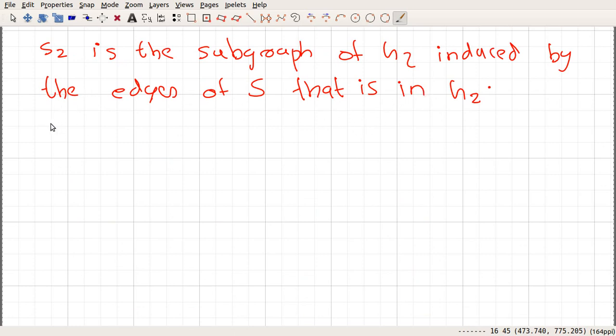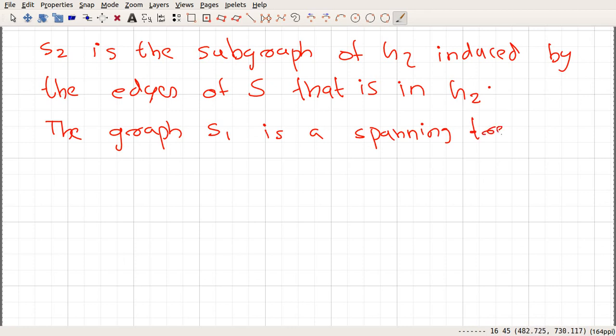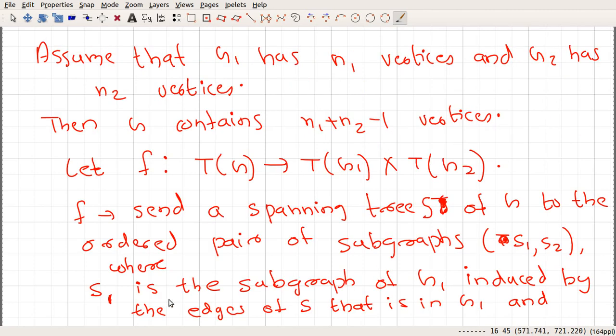Here we can very easily see that the graph S1 is a spanning tree of G1, because this S1 is constructed using this S. So it is going to be a subgraph of G1 induced by the edges of S that are in G1.